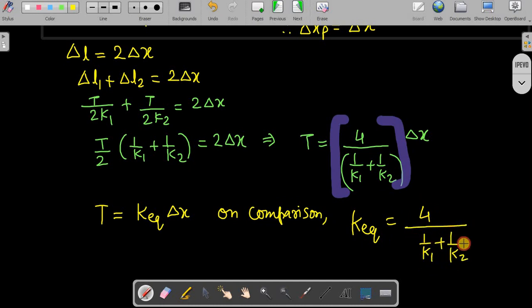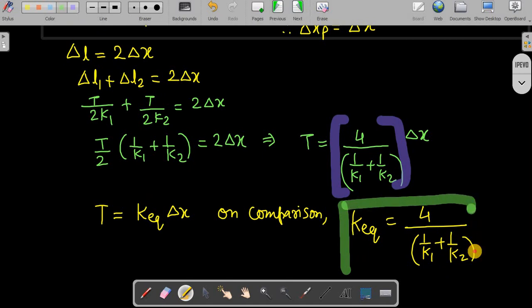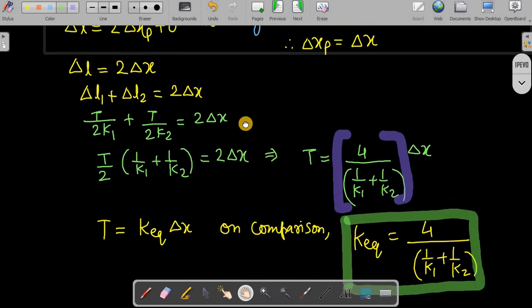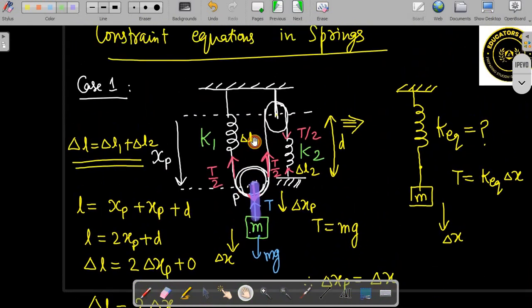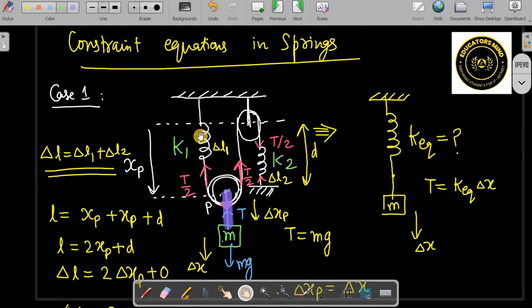Now this is what you have to note. Some people wrongly think that k equivalent can be calculated simply by series and parallel. It's not possible. You may make mistakes when you try to apply shortcuts, because you don't know what is going on. The problem of shortcuts is that students learn just shortcuts to solve problems, which seems very good, but inside you don't know anything about what's happening.